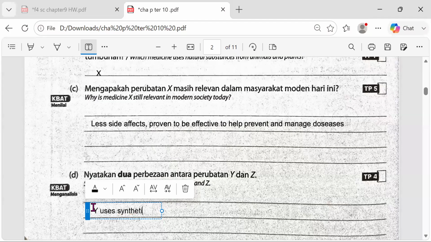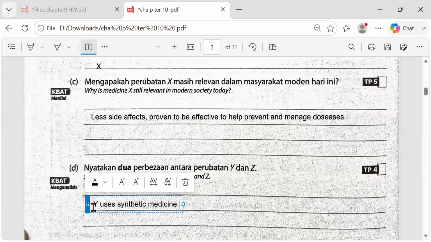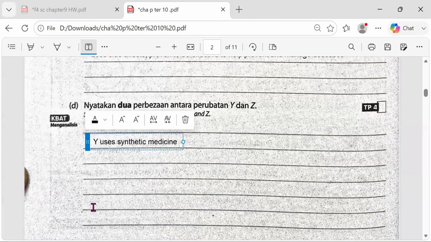Synthetic means man-made. While Z uses natural substances.